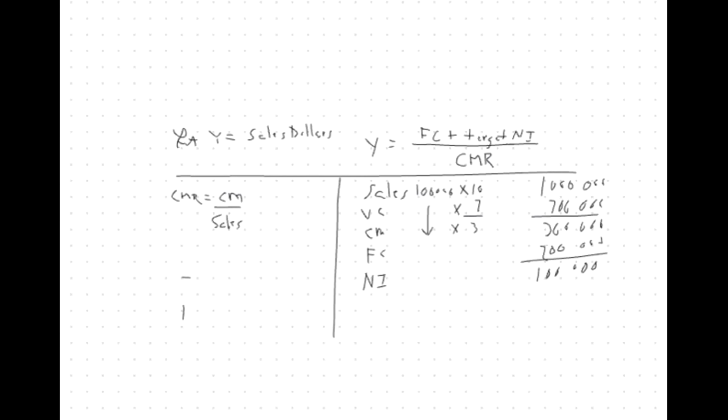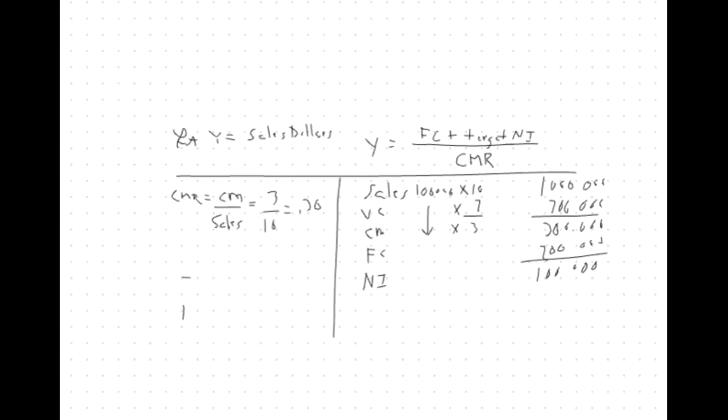I could do $3 over $10 is 30%. Or I could do 300,000 over $1 million is 30%. That's telling me, by the way, out of every dollar of sales, I net 30 cents of contribution margin.